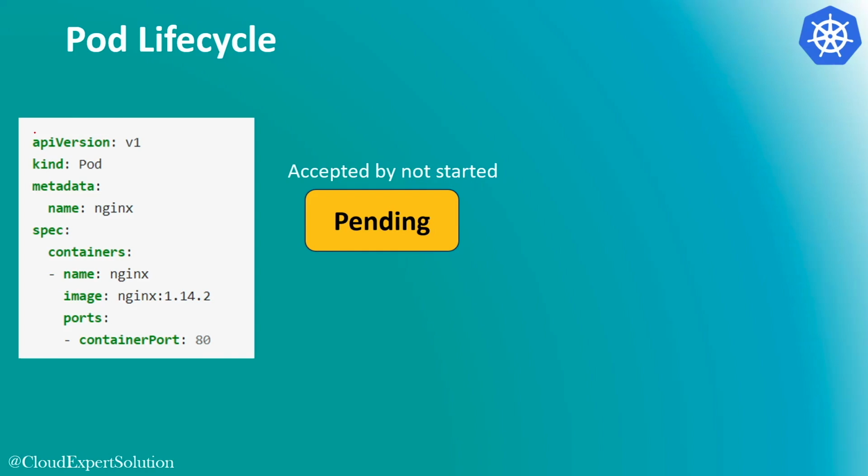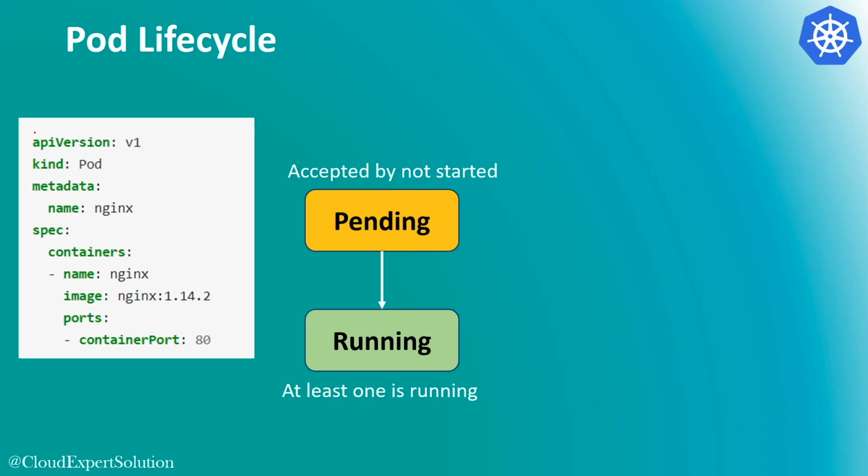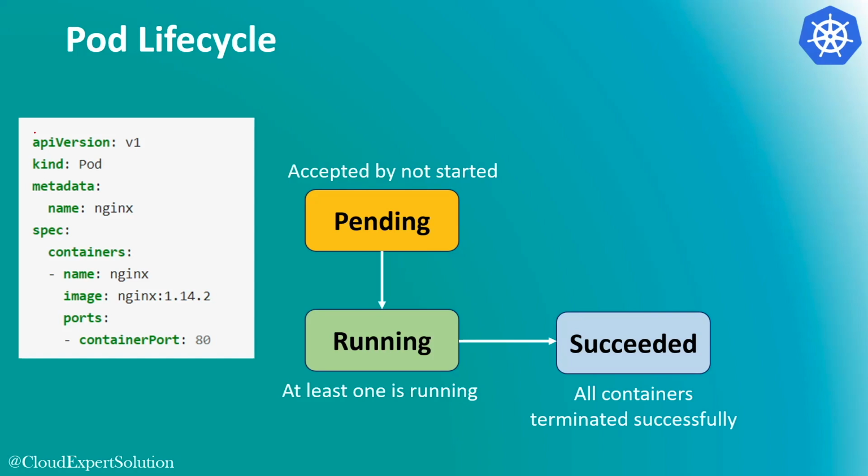The first stage in the lifecycle is pending. In the pending stage, the pod has been accepted by Kubernetes cluster, but no containers are running. The next stage is running. In this stage, the pod has been bound to a node and all the containers have been created, and at least one container is still running. The next state is succeeded. Succeeded state means all containers in the pod have terminated successfully and it will not be restarted.